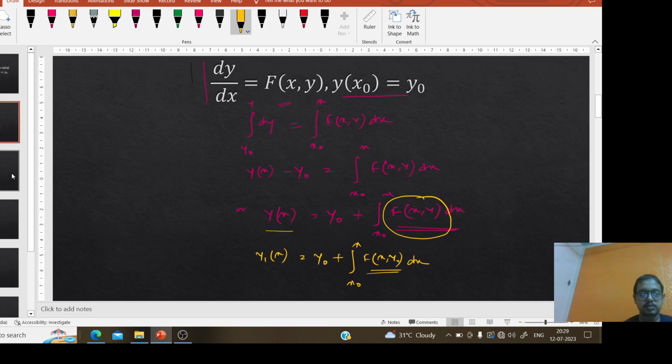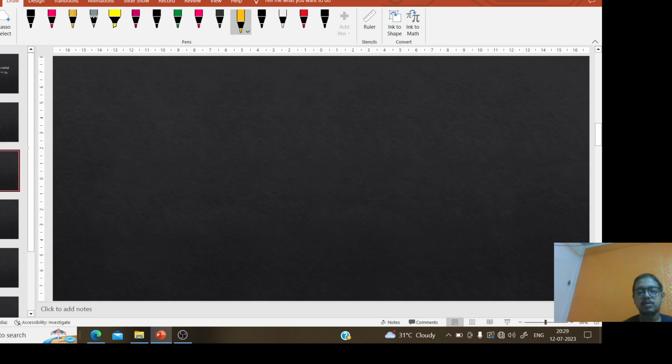Similarly, we will find y2 of x as y0 plus the integral from x0 to x of f of x, y1 dx. Similarly, y3 of x is equal to y0 plus the integral from x0 to x of f of x, y2 dx, and here we always get y1, y2 in terms of x.